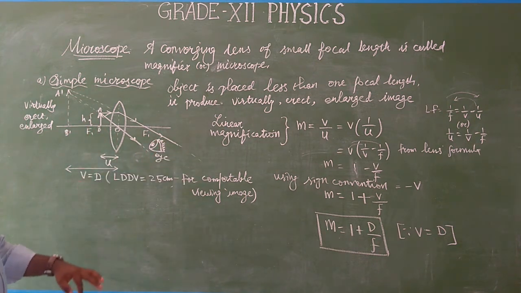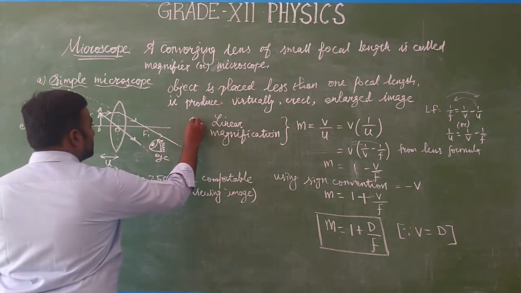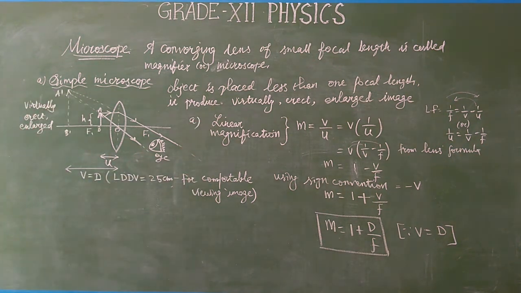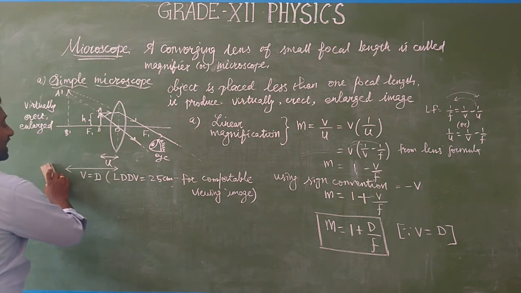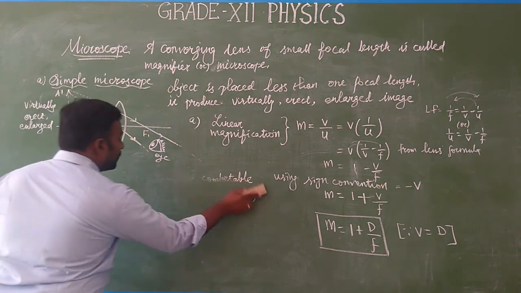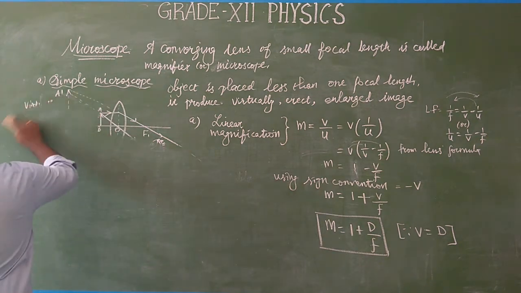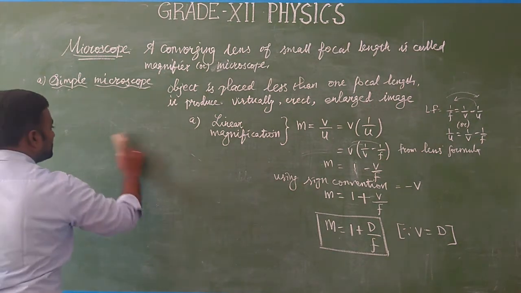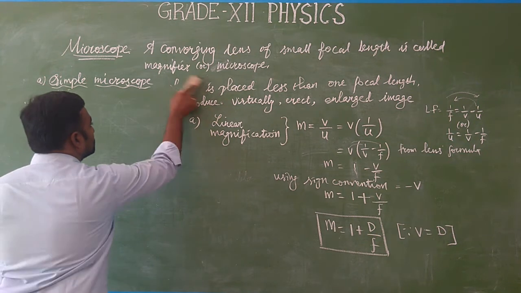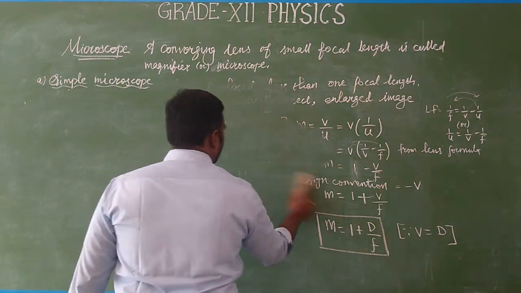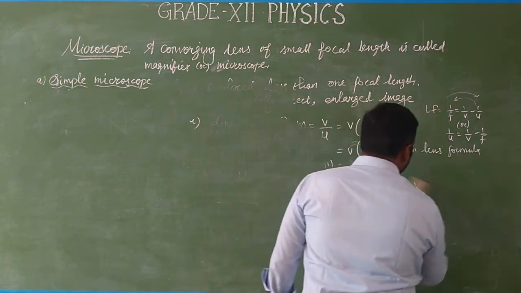That is the angular magnification. In this case we found the linear magnification; in that case we are going to find the angular magnification. How to find the angular magnification in a simple microscope? That we are going to see.